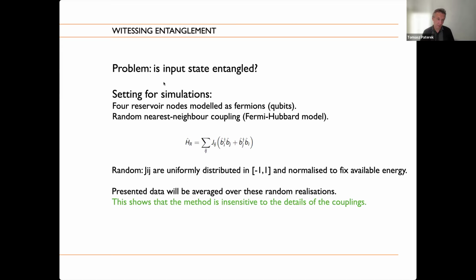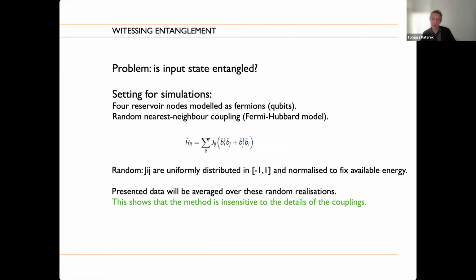So let's just ask the question: is the input state entangled? For the results that I'm going to show you in a moment, we used a reservoir of 4 qubits in our simulations. We chose the couplings between the qubits to be random numbers from -1 to 1, just generated on the computer.